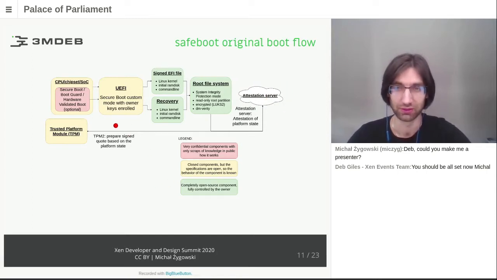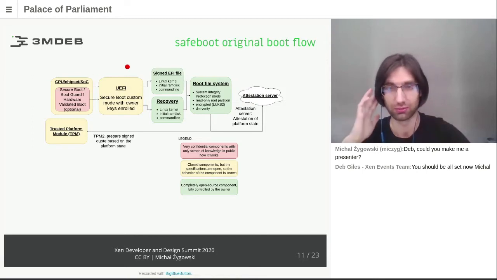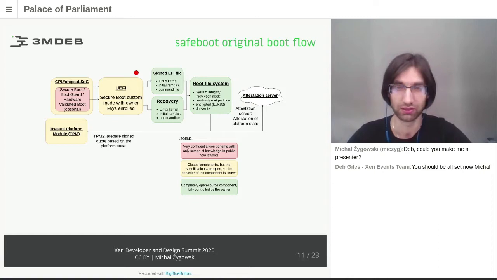So when we start with the firmware, it has the UEFI secure boot keys enrolled by the owner, which were used to sign these files. These files are the packaged Linux kernel, initial RAM disk, and command line in a single EFI file. And we have two of those in case the mainstream file is not verified correctly.